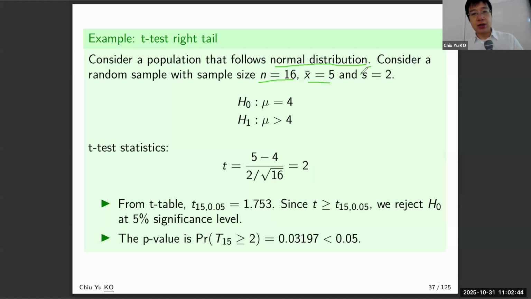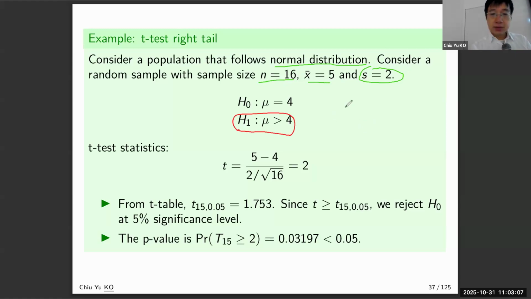But now I don't know sigma, so I have to calculate the sample standard deviation instead of knowing sigma. And again, here I have a right tail.